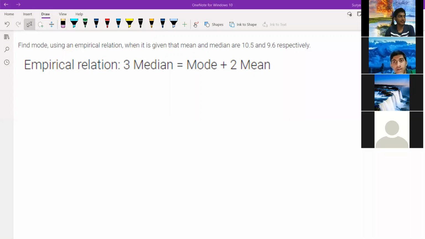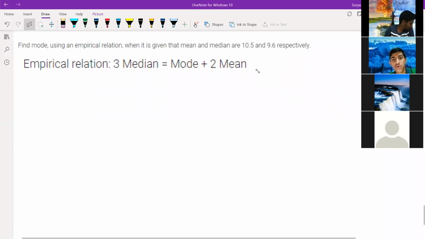So here it is not like that. In the question, you said that median is greater than both mode and mean.